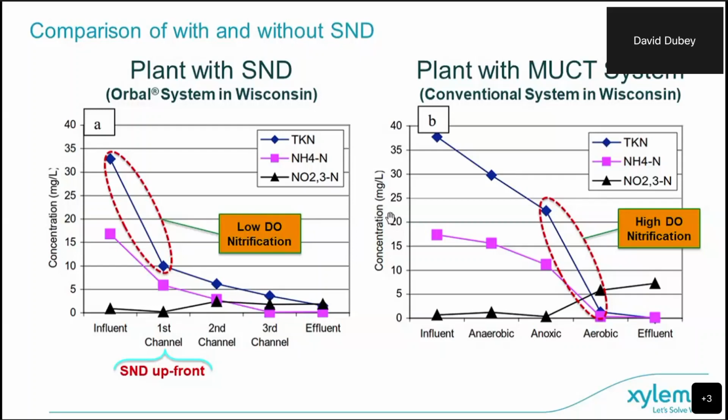And so if we do have something break down, our chances of having our average TN go above a limit is much less. If we look at this other system, it's a conventional plant with a modified University of Cape Town system. They're doing just anaerobic and anoxic and then aerating. By the time they get to the aerobic tanks, where they don't have very much distance and time left, they have to convert all the ammonia in that tank.